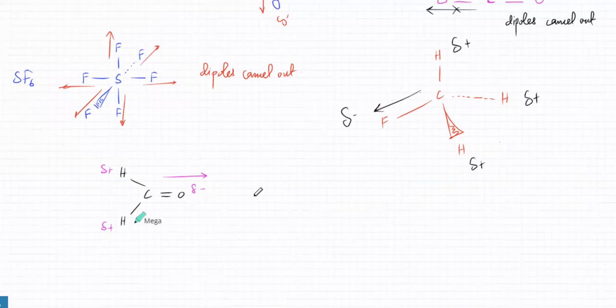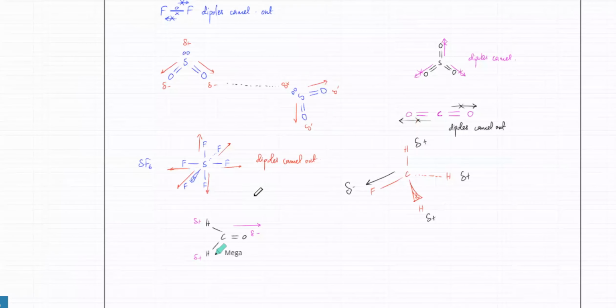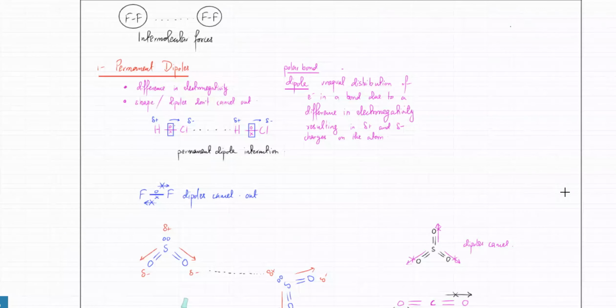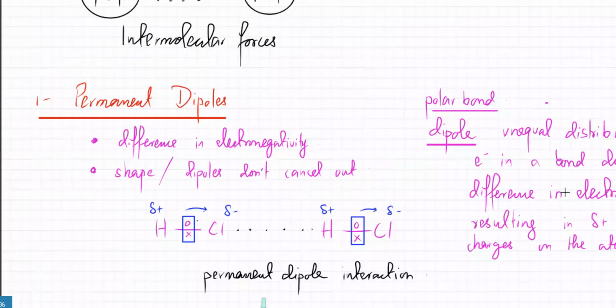Now the other point is, when will you have a larger dipole? You're going to have a greater dipole if there is a larger difference in electronegativity, and again the dipoles don't cancel out. So dipoles can be smaller, they can be bigger. It depends on the electronegativity. So you're going to have bigger dipoles if the electronegativity difference is larger.